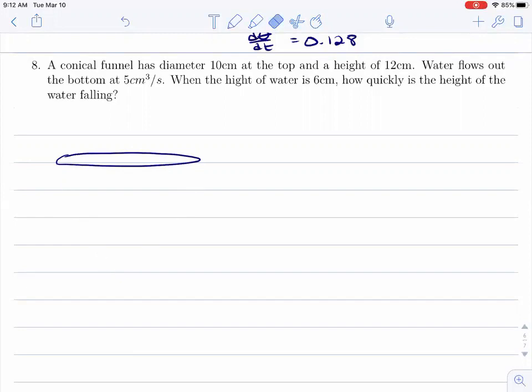So let me just make that clear here. There. So we have a diameter of 10 centimeters and a height of 12 centimeters.